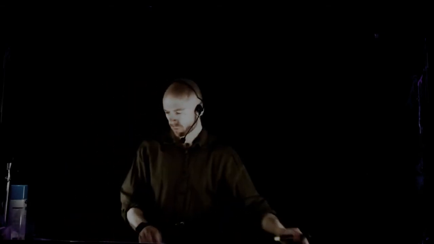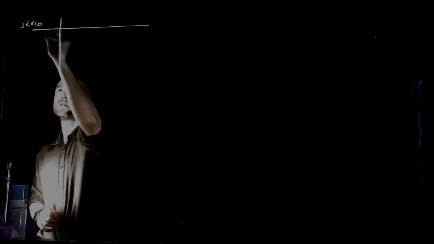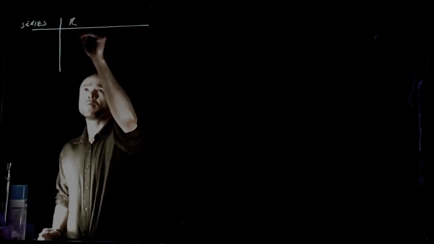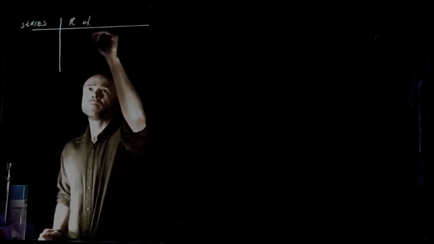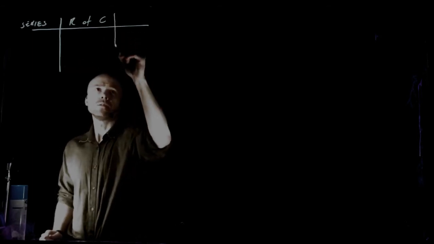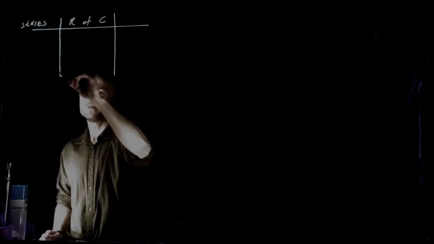Well, actually, no. Let's make a table. Let's create a table like this. Let's put the series here. Let us put the radius of convergence, which I'm going to abbreviate to R of C. And let's see what we have.